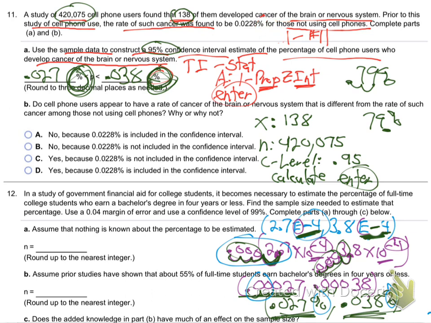Now, what does that mean about their overall question? It said right here that prior to this study of cell phone use, the rate of such cancer was found to be 0.0228% for those not using cell phones. So that's the rate of cancer for those not using cell phones, 0.0228. How does that compare to the interval we have here?